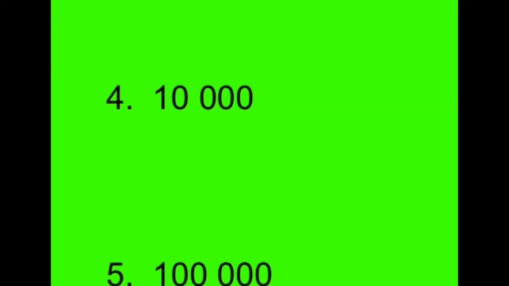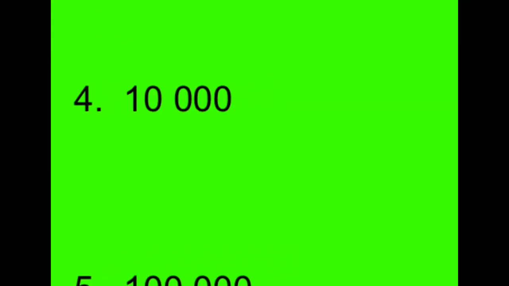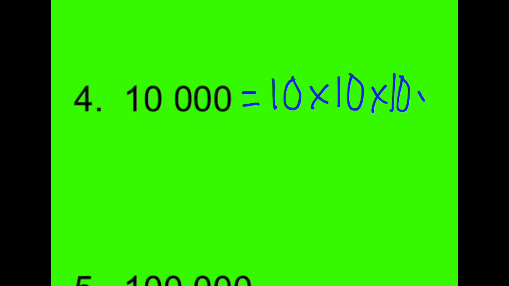Using this same idea with 10,000. Well, 10,000, since there's 4 zeros there, I could write it as 10 times 10 times 10 times 10. 1 times 1 times 1 times 1 is 1, and then tack on 4 zeros, and that's 10,000.